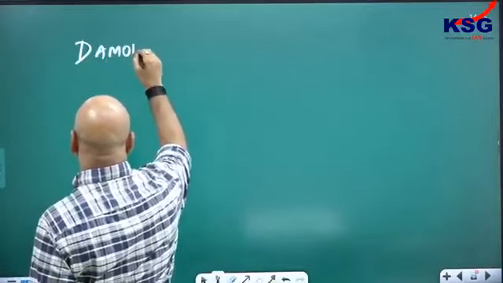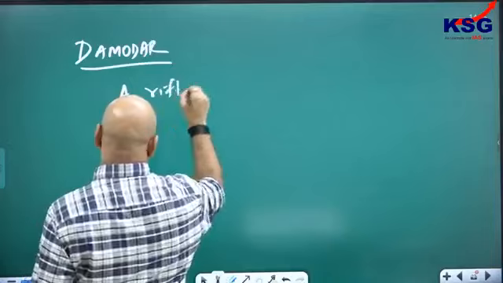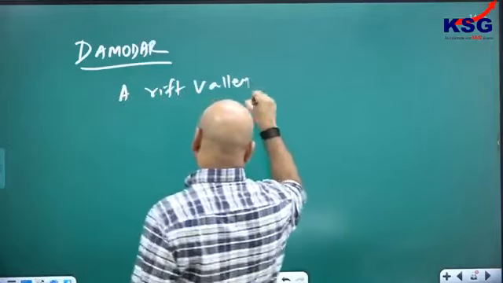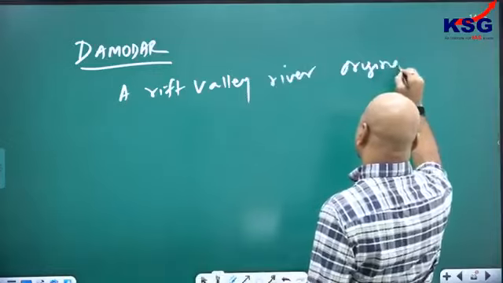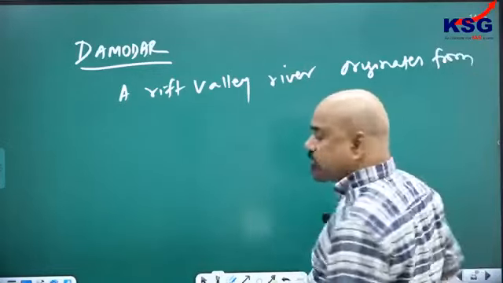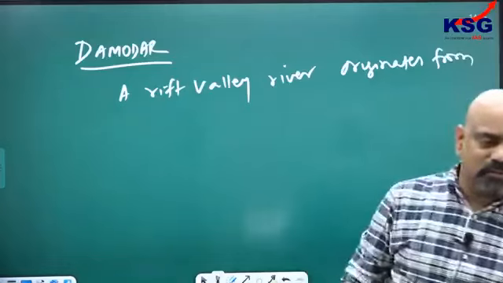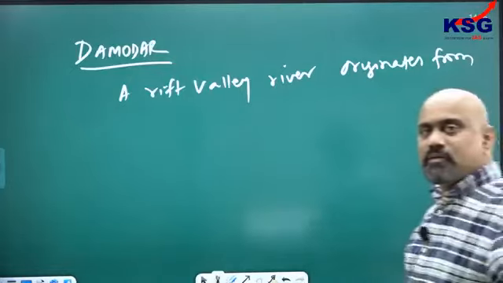The Damodar, a Rift Valley river, originates from where? बताओ, which plateau? Damodar river. River Damodar originates from the Palamu district, Jharkhand, Chotanagpur plateau, isn't it?